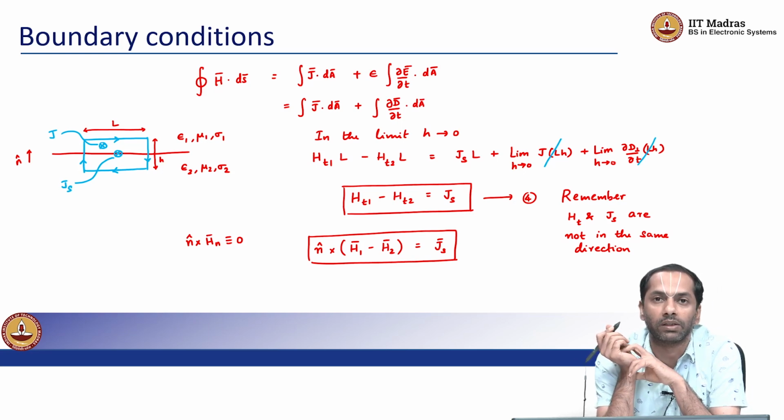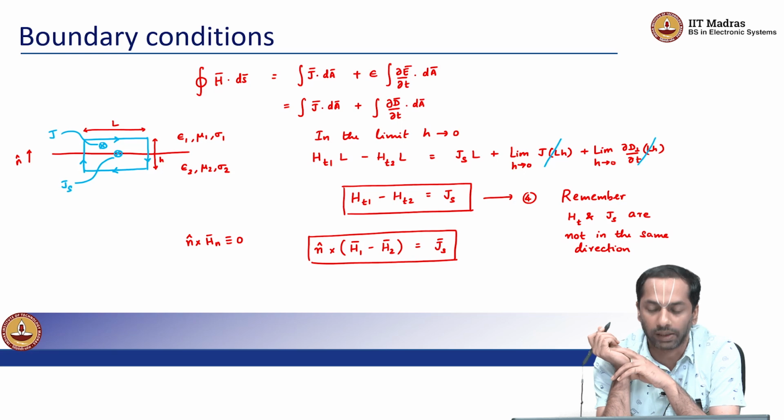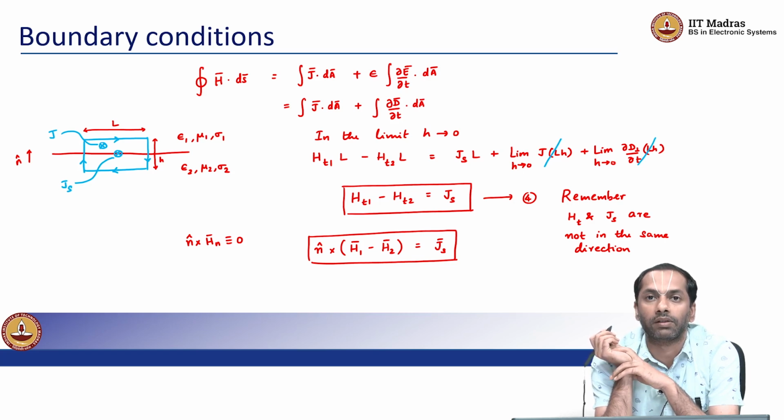So, since that is 0, I can extend the relationship to the cross product of the unit normal vector at the interface and the difference of the magnetic fields, which gives us the flow of the surface currents.